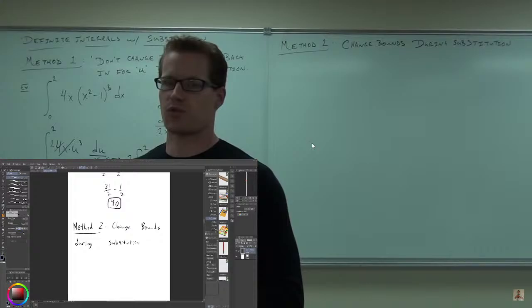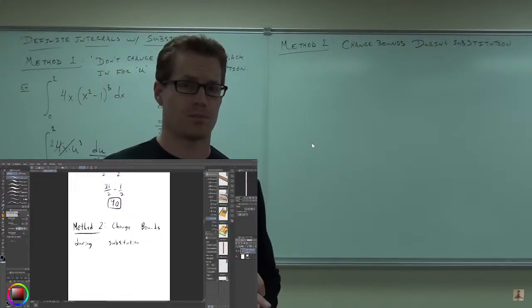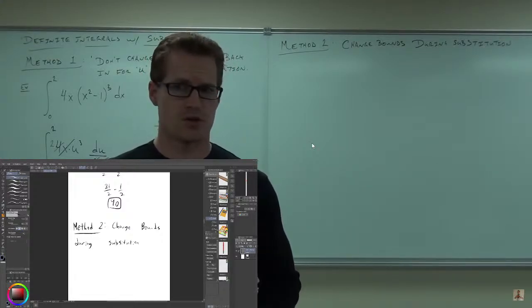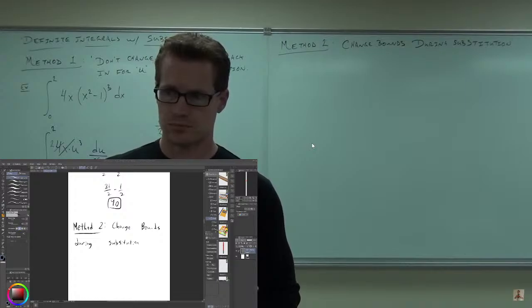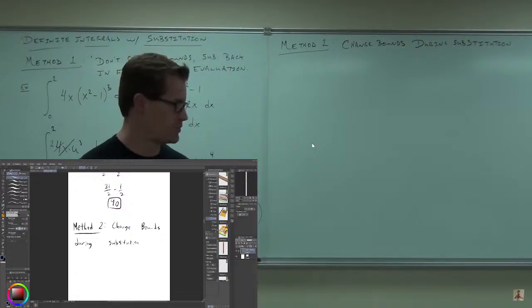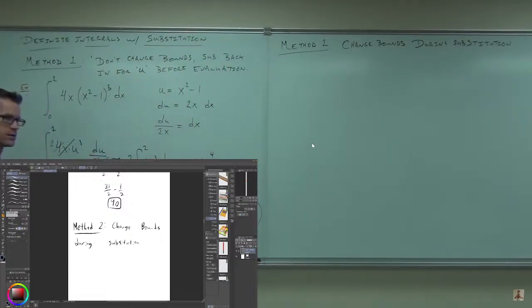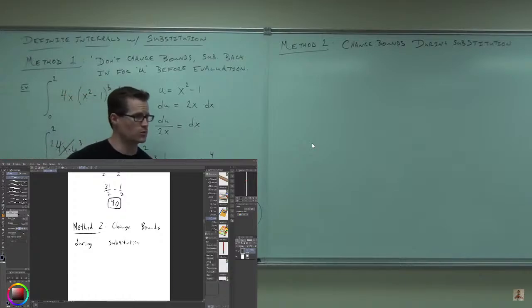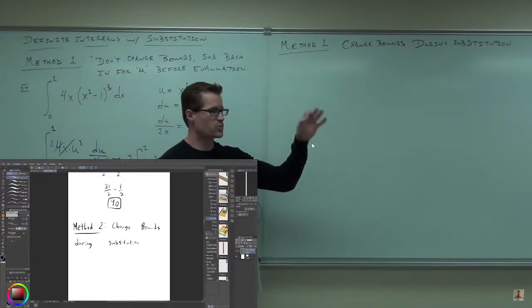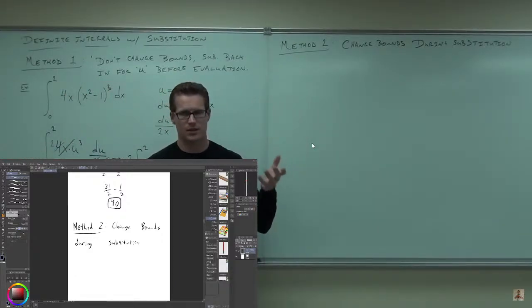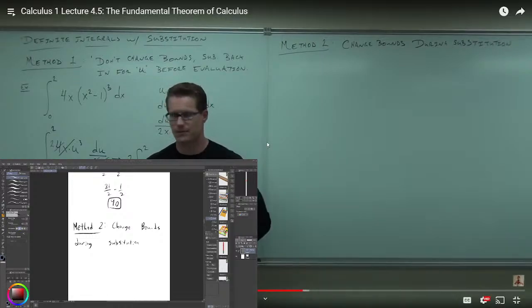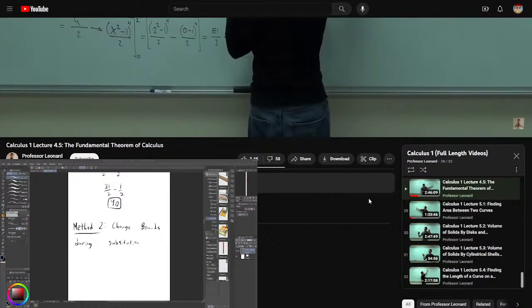You're going to change your bounds from x's into terms of u using your substitution. If you change your bounds into terms of u, do you need to substitute back in for x? No, because they'll be in terms of u. So if you do method 2, you change your bounds, and then you do not substitute back in before evaluation. It's the same.